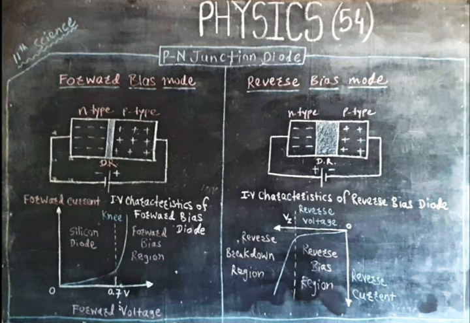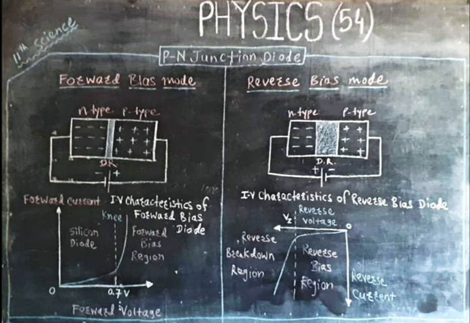Now the second mode of operation of the PN junction diode is reverse bias mode. In this diagram the N type is connected to the positive terminal while the P type is connected to the negative terminal. The N side is cathode and the P side is anode. Here the depletion region width is increased, and that's why the diode will act as high resistance.